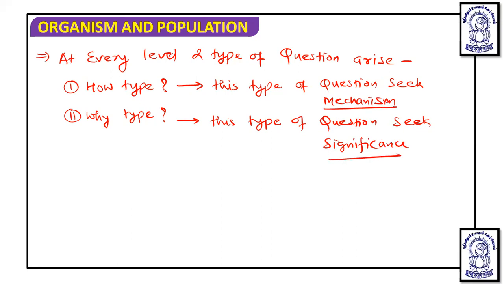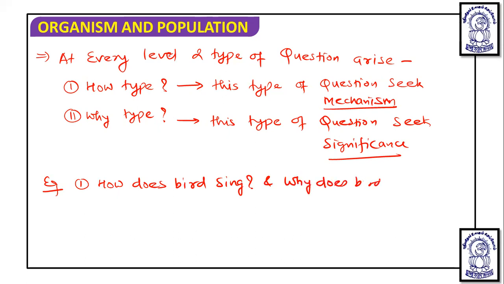So the how type of question talks about the mechanism, how it is occurring. The first example of such a question is: how does a bird sing, and why does a bird sing? This way we can ask questions.